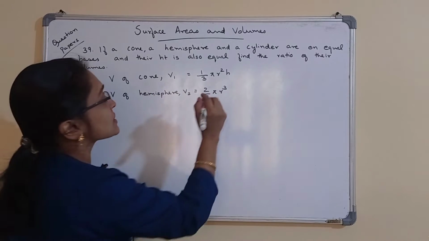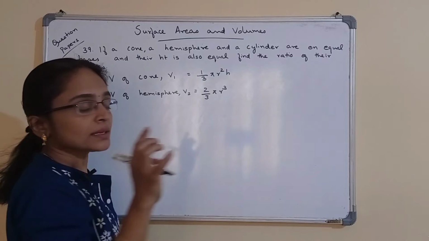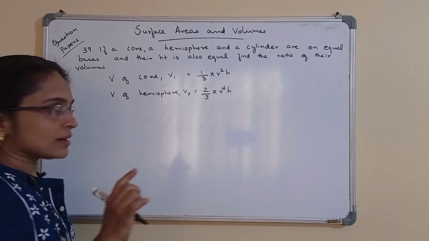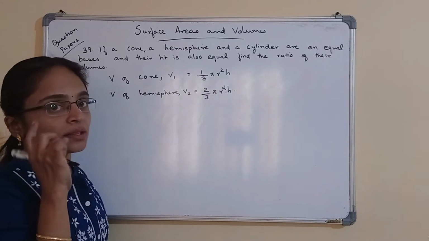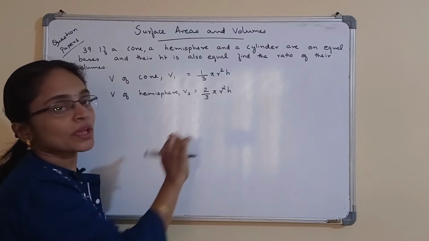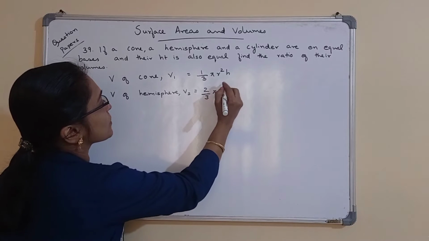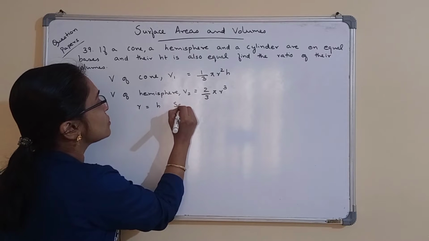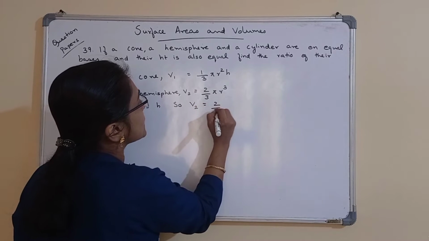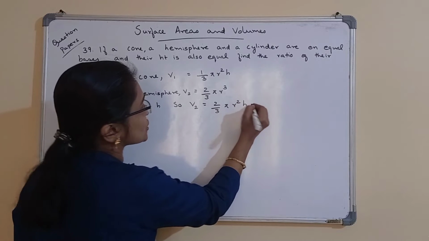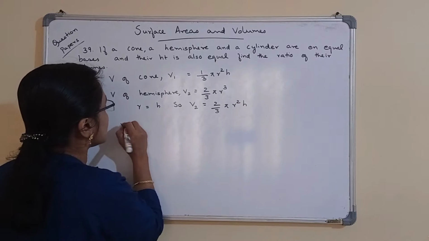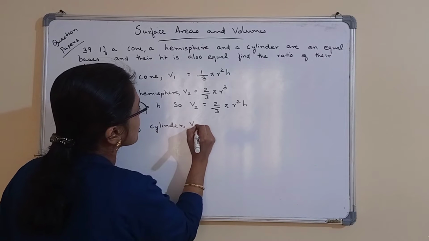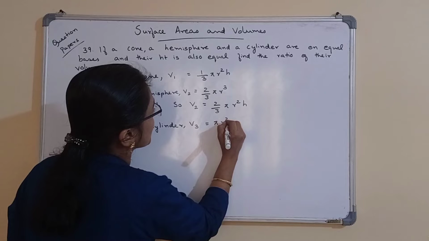And 2 by 3 pi r cube can be considered as r square h, because here r and h are the same. Now r is equal to h, so V2 equal to 2 by 3 pi r square h. And what is the volume of cylinder? Volume of cylinder V3 is equal to pi r square h.